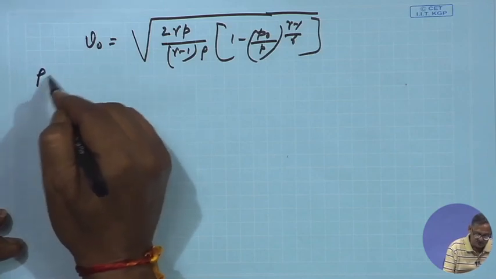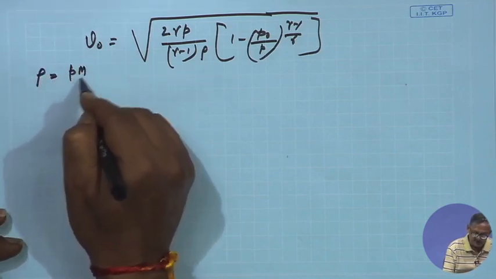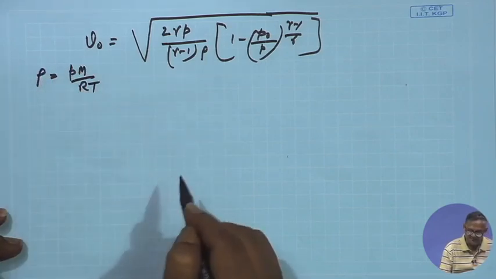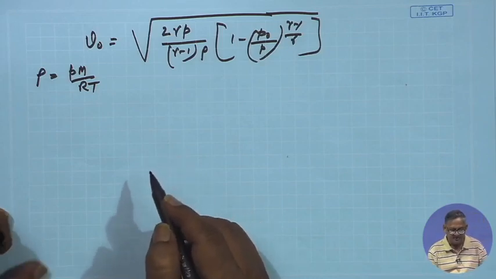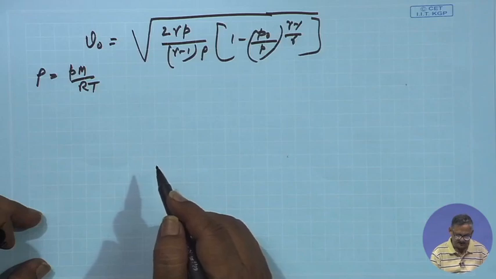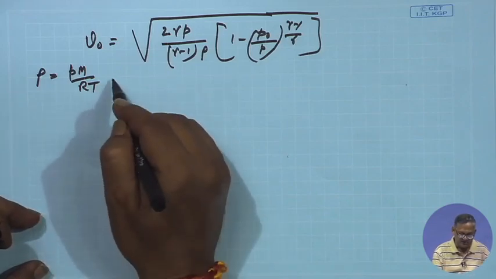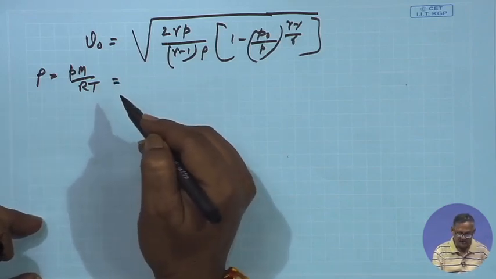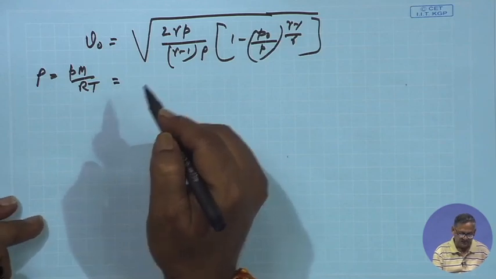rho we know is nothing but PM by RT, right. From the problem given, it is 35 degrees centigrade, right. So, P was given at 3 atmosphere to 2 atmosphere, right.